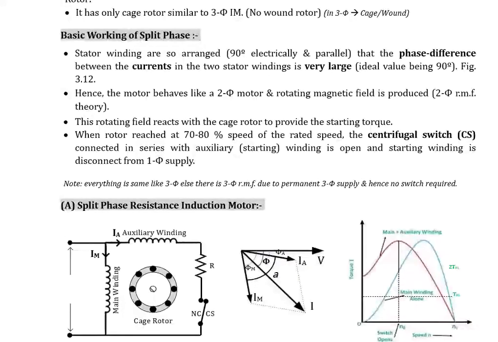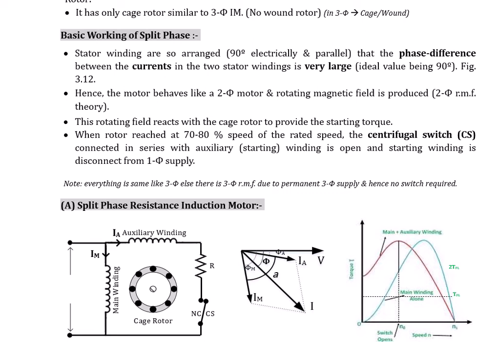Basic working: the stator windings are so arranged that the phase difference between the currents in the two stator windings is large, with an ideal value of 90 degrees. Hence the motor behaves like a two-phase motor, and a rotating magnetic field is produced.